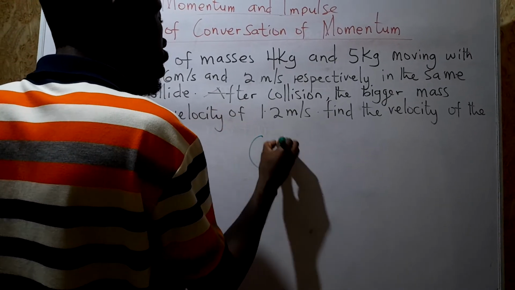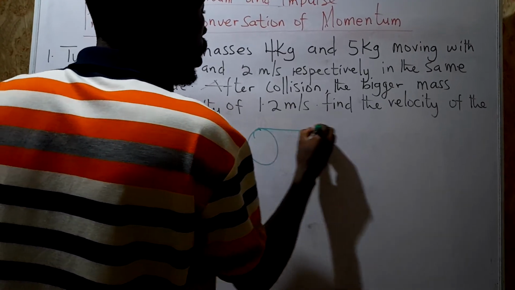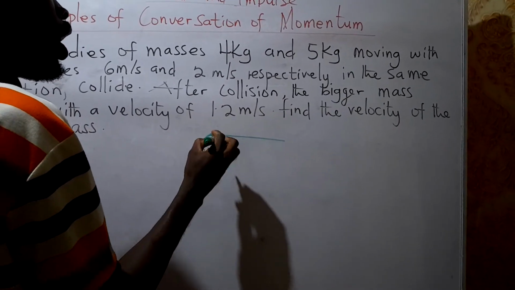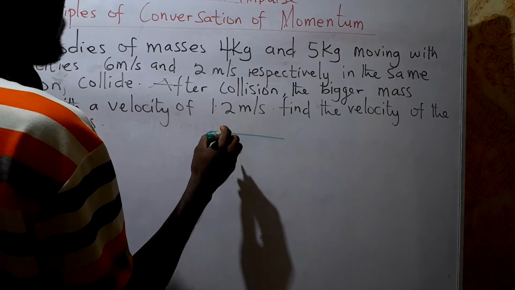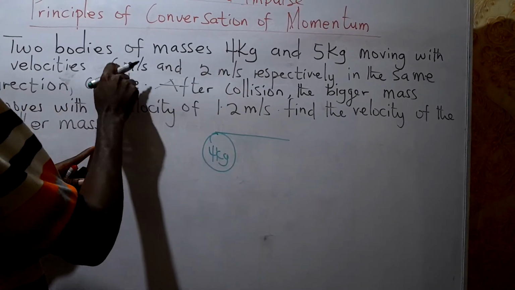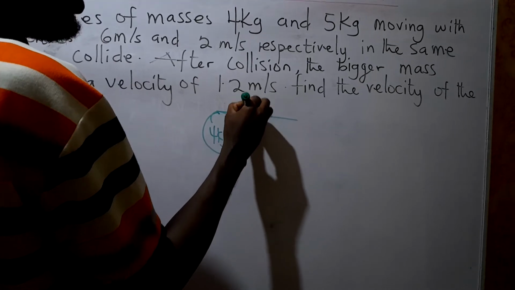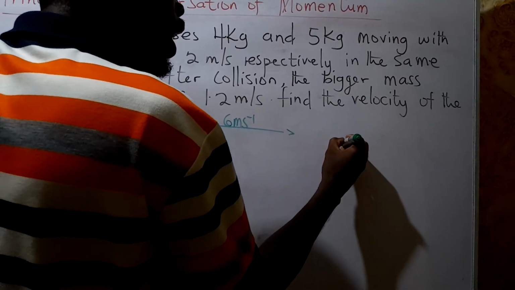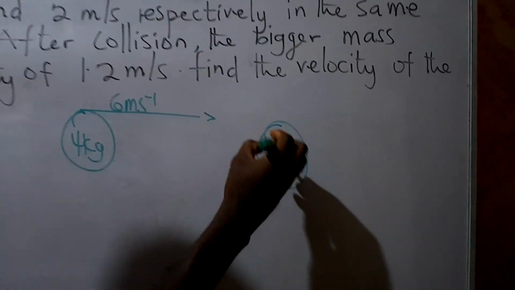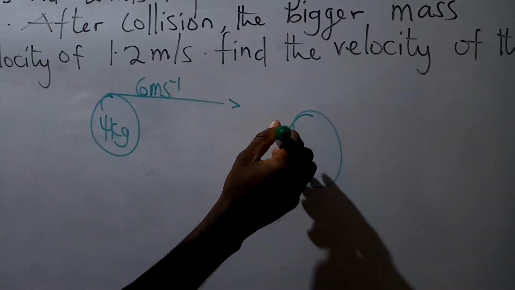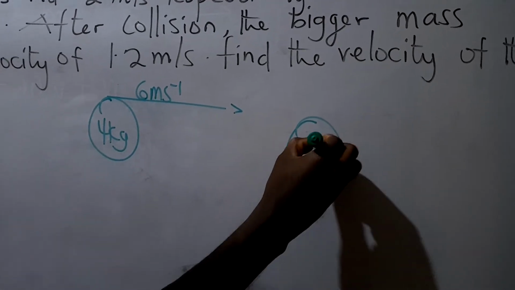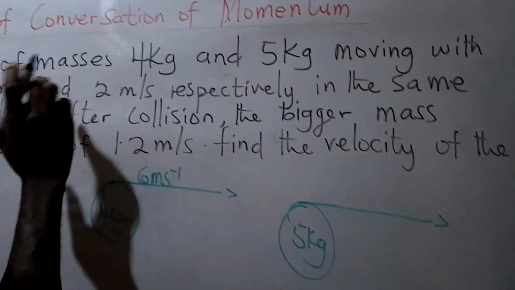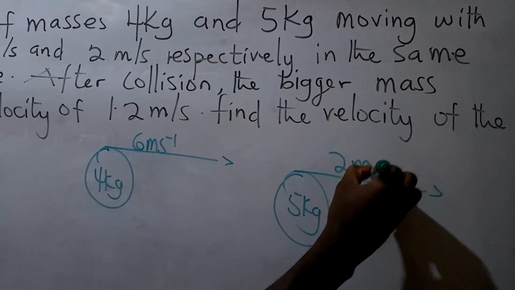Let's say this is the first body, of mass 4 kg, moving with a velocity of 6 meters per second. It collides with another body of mass 5 kg moving with a velocity of 2 meters per second.